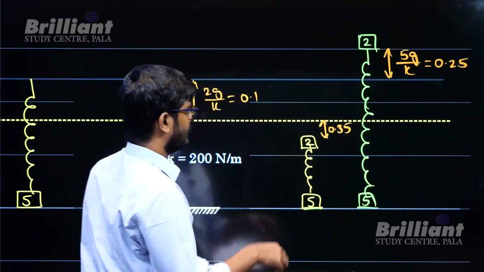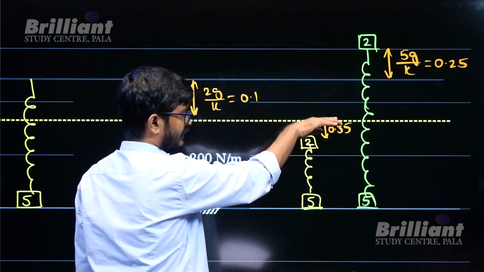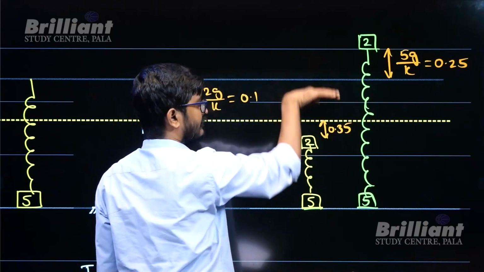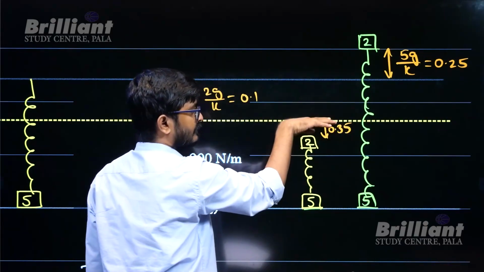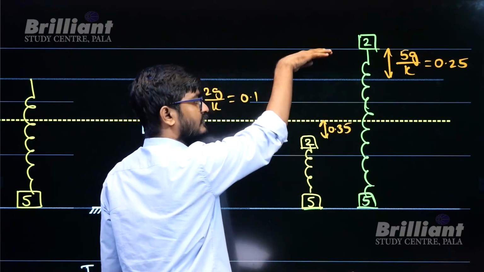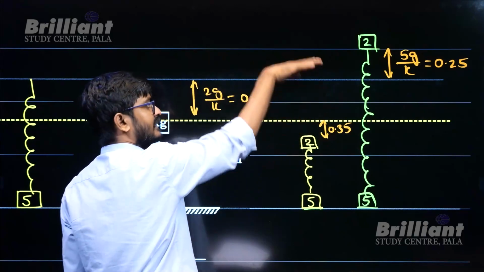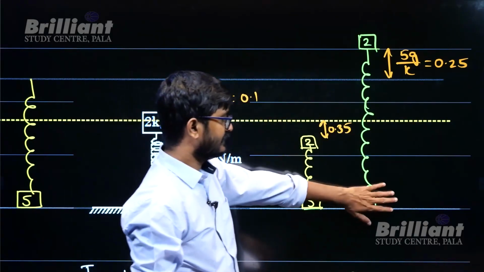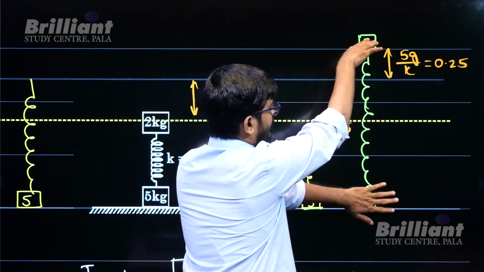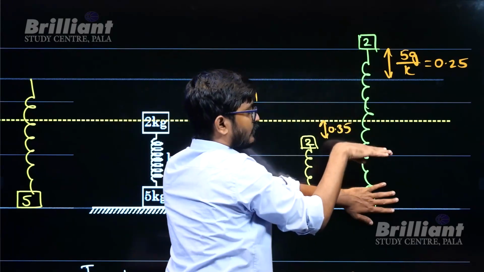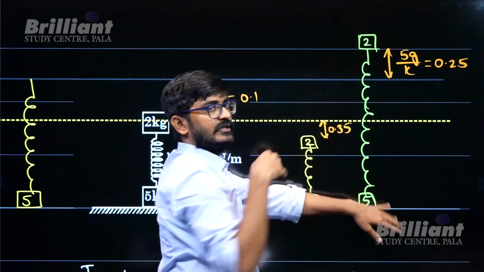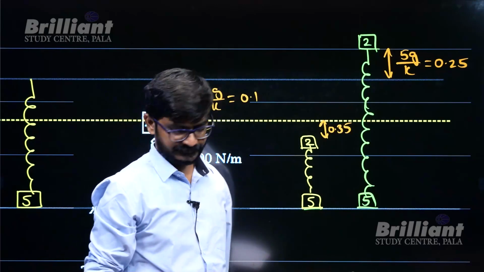The good thing about the question is you are compressed by 0.35 and it is going to 0.35 from the equilibrium, that is 0.1 plus 0.25. So basically it is going from one extreme to the other extreme. So you can see this is like a fixed wall and this is performing SHM. What is the time taken by this one to go from one extreme to the other extreme? It will be half of the total time, right?